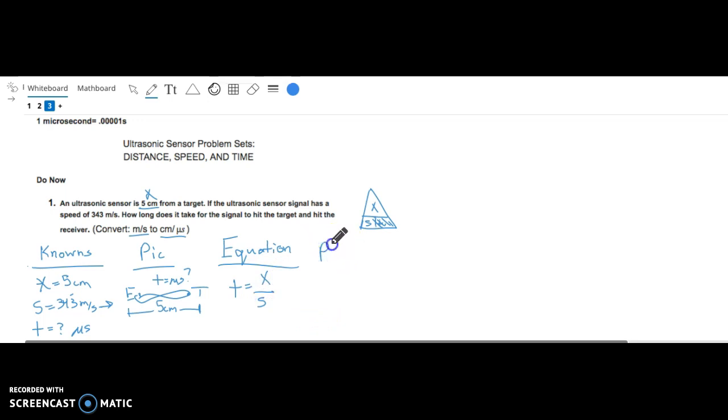Next, we want to plug and chug, substitute our knowns into our equation. T equals 5 centimeters over 343 meters per second. Now, this is the part where you have to convert, because you see that this is in centimeters and this is in meters, so those won't cross out. And it says we need our time in microseconds, not seconds.